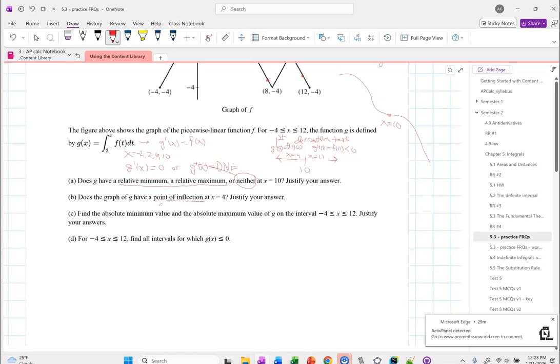So we go from negative to positive, or from positive to negative, right?